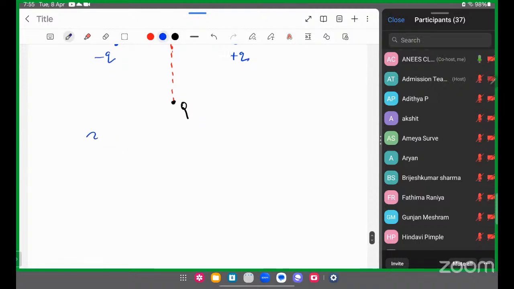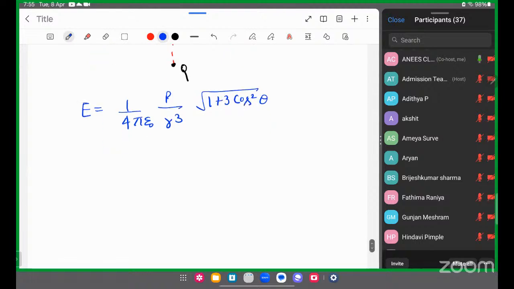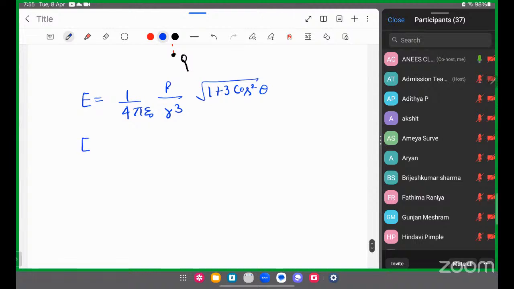What will be E? Electric field E is given by 1 by 4 pi epsilon naught, P upon R cube, square root of 1 plus 3 cos square theta. This is a standard formula for any case.